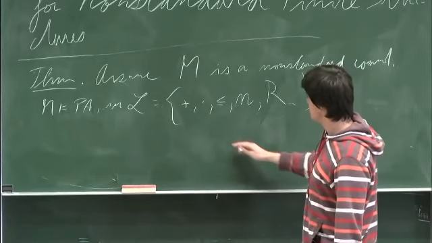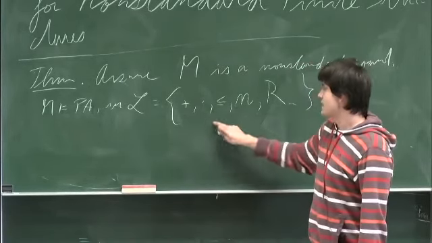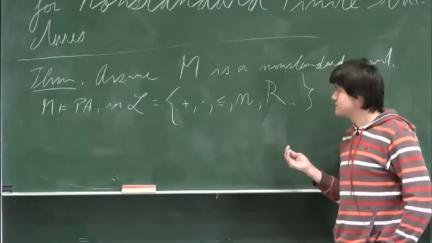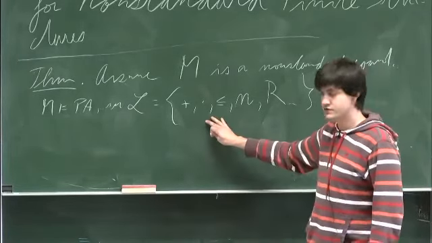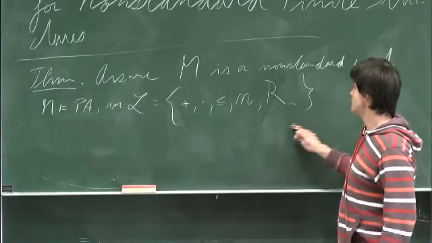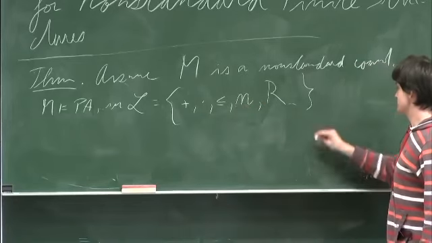Here these three symbols are thought of as relation symbols. There are no function symbols, they are relation symbols and only this one constant symbol.